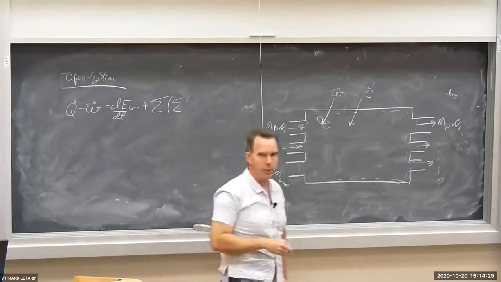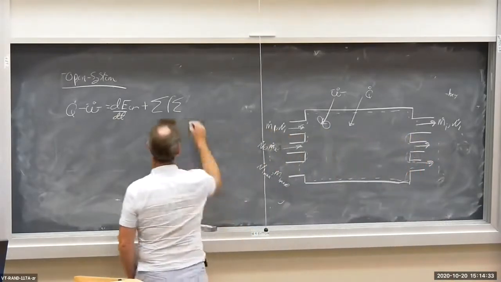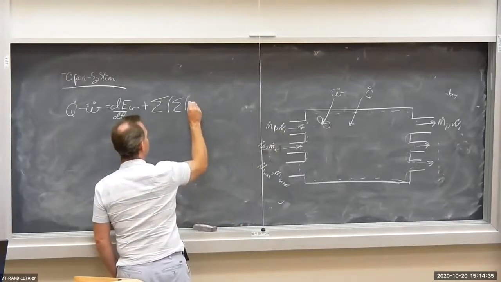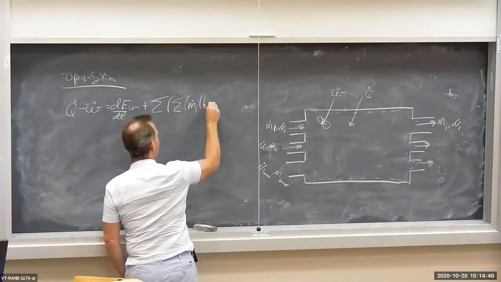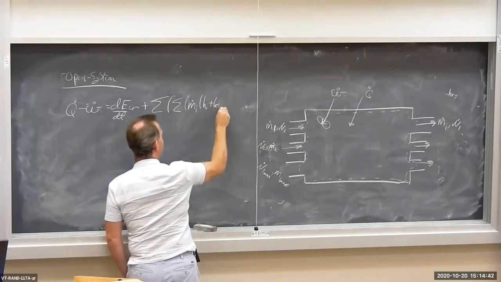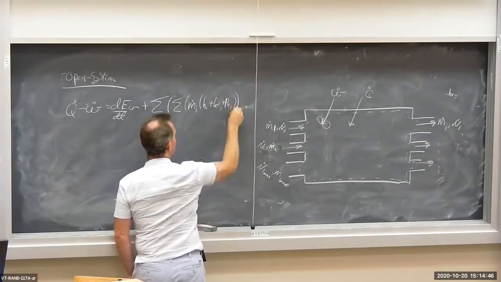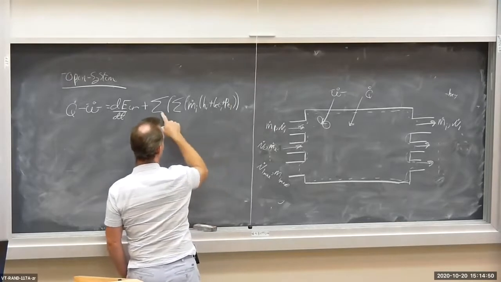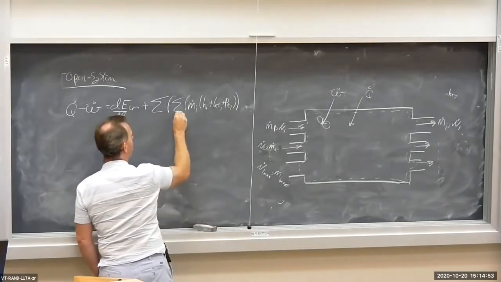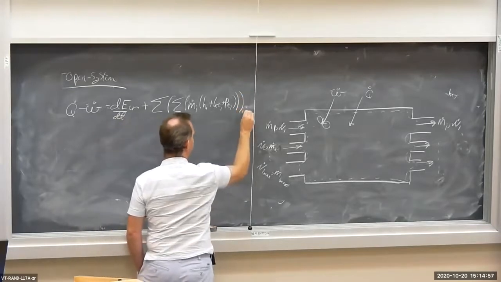over all species, sum over all outlets of M dot I, H I, KE I plus PE I, summed over all components. So a double sum here, summed over all components I, summed over all outlets.